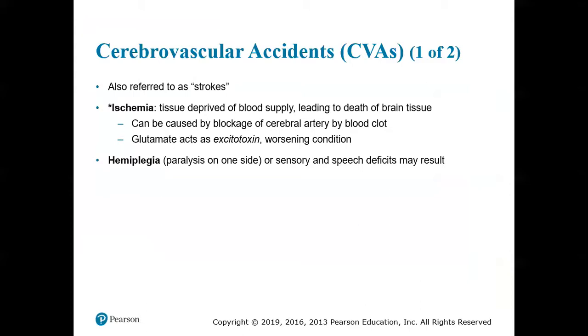So we have other types of cerebrovascular accidents, paralysis to one side. These could be referred to as strokes. So when we hear about a stroke, we're talking about ischemia or hemiplegia.